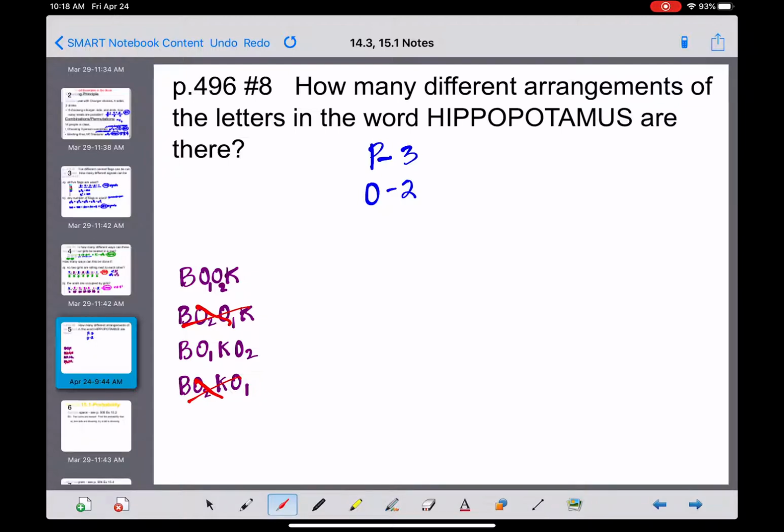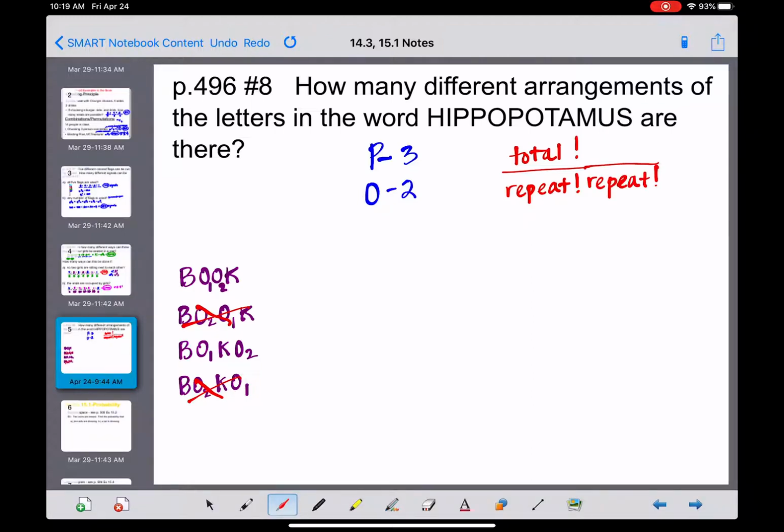And there is a formula there on the bottom of page 496 if you want to look at it. But really what we're going to do is take the total number of letters, and we're going to do it factorial. And then we're going to take it and divide it by the repetition, whatever repeats, factorial. And it might be that we have more than one thing repeat like we do in the word hippopotamus.